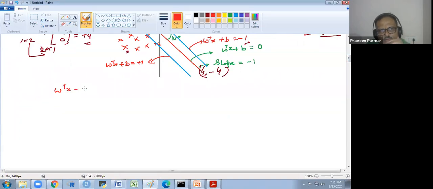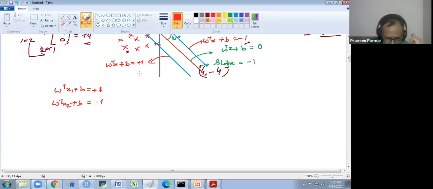WTx plus b is equal to -1, and then +1. I simplify this. Okay, this is our x1 and this is our x2. We have the different lines passing through x1 and x2. We know that.